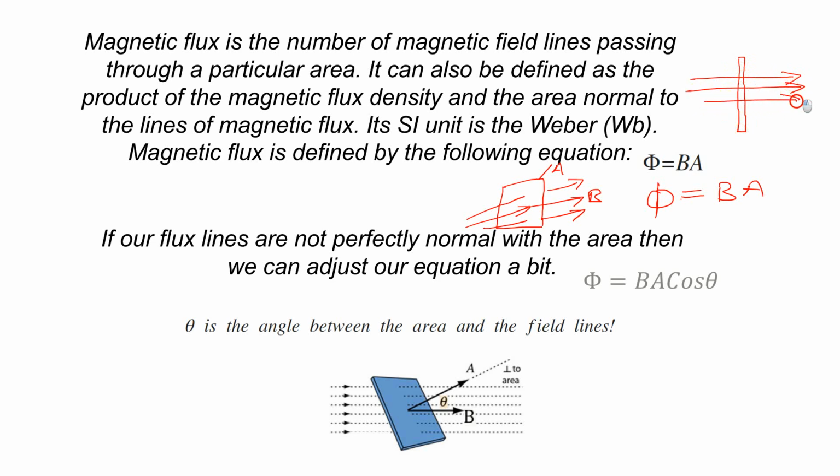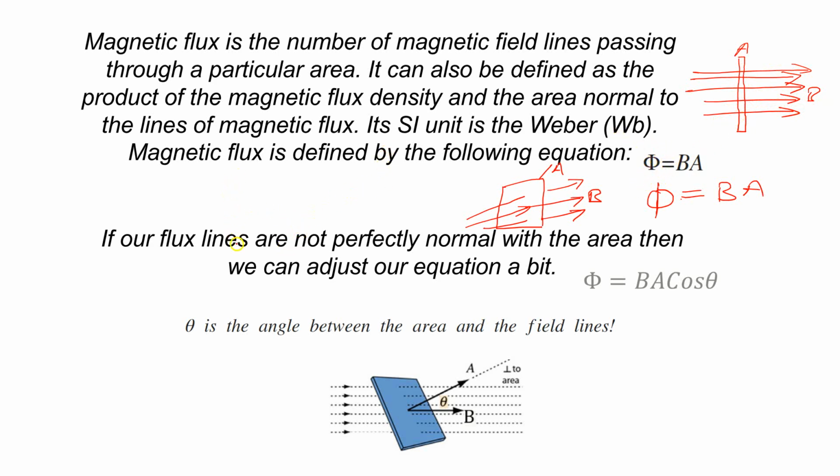This is when you are actually measuring the overall magnetic flux. So if you know the area that the field lines are passing through, the area of the material, and of course the field lines have their magnetic flux density, we can find the magnetic flux.